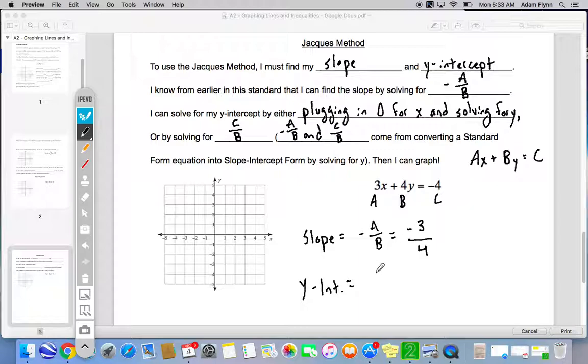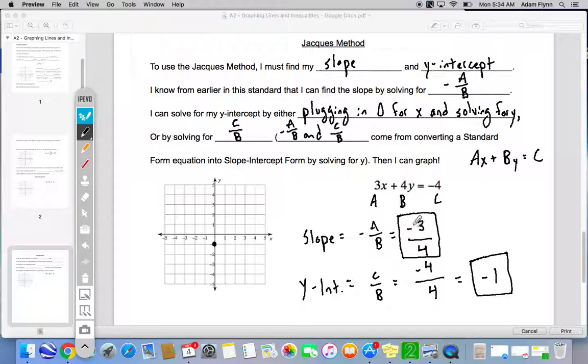So my c is negative 4. And my b is positive 4. So negative 4 divided by 4 is negative 1. So let me circle these. Okay, so my y-intercept is at negative 1, so I can go down to negative 1, plot my point.